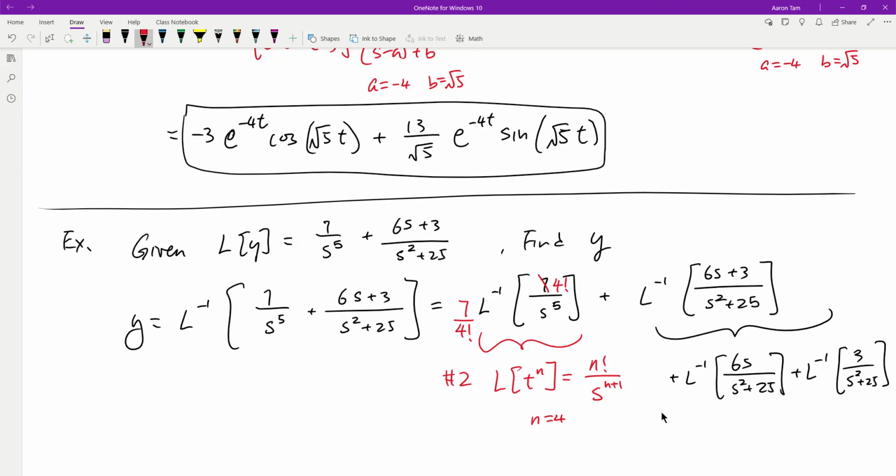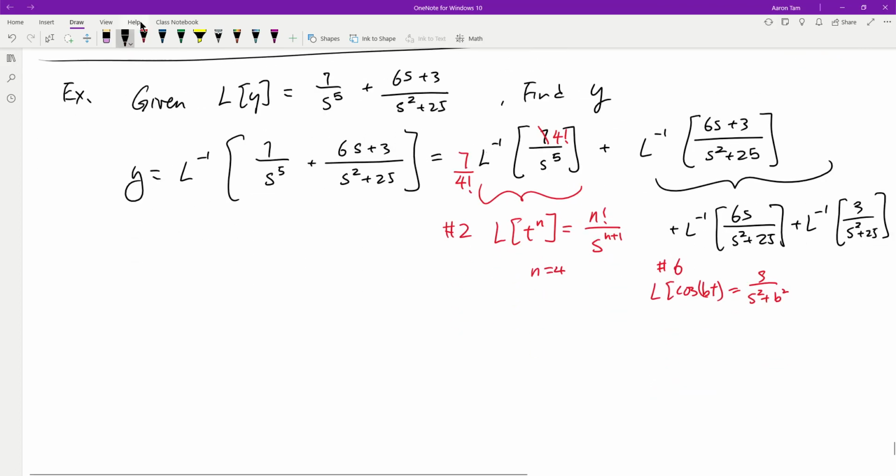This one has s, so it will use rule number 6, which says the Laplace transform of cosine bt is equal to s over s squared plus b squared. I can see that b is 5, because b squared is 25. That's pretty easy, and we don't need any number on top, just the s. So I'm going to cross out the 6 and put the 6 in front. And that will do it.